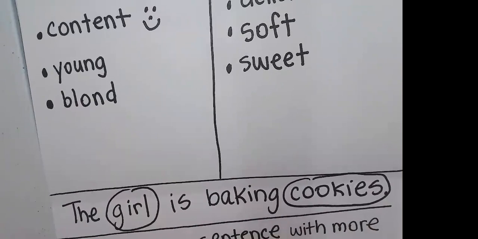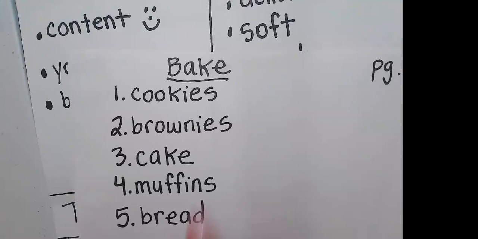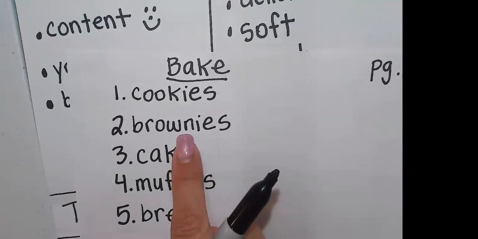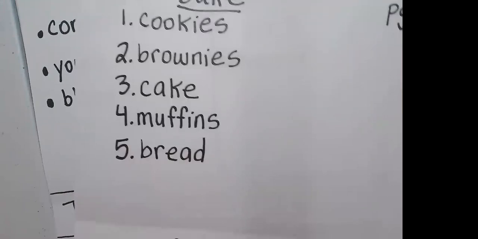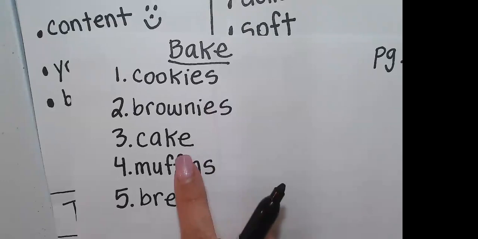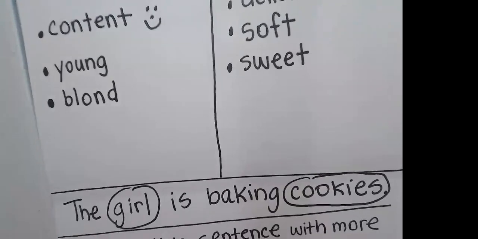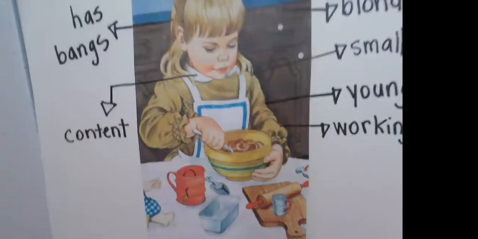There's all kinds of ways you could use your ideas from here. The blonde girl is baking brownies and cookies. The blonde girl is baking cookies, brownies, and cake. Mix it any way you want. Use either of your lists, or you could even use some ideas from the picture.